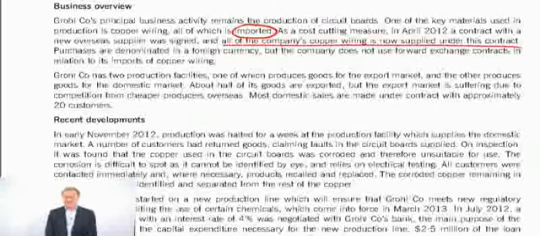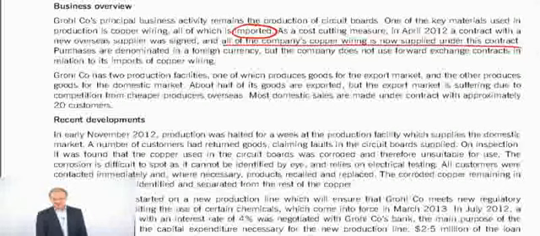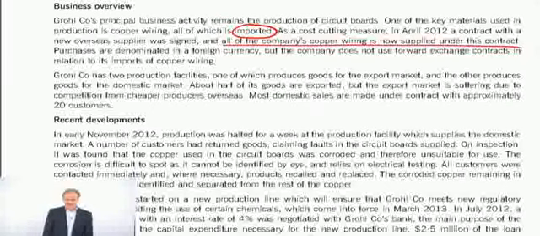Purchases are denominated in foreign currency. We've dealt with that already. The company does not use forward exchange contracts in relation to its imports of copper wiring. Therefore, they're not hedging against the risk I've already explained, thus making the risk greater. They're not doing anything to manage it. But I've sort of covered that one already. They have got two production facilities, one for the export market and one for the domestic market.